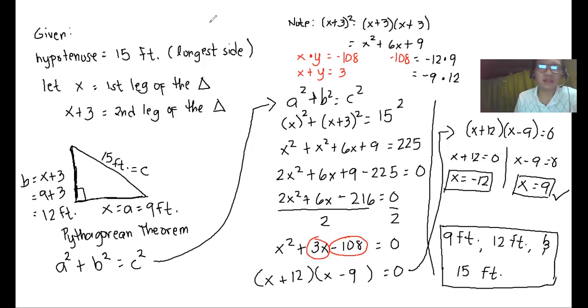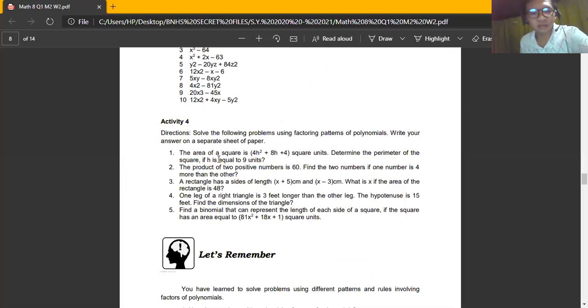Last given. Number 5 na tayo guys. Find a binomial that can represent the length of each side of a square, if the square has an area equal to the quantity 81x squared plus 18x plus 1 square units.